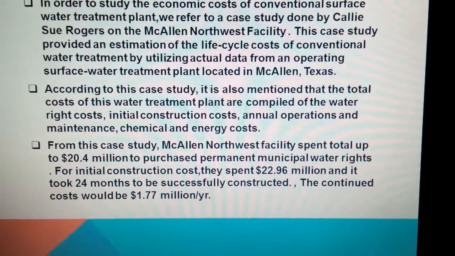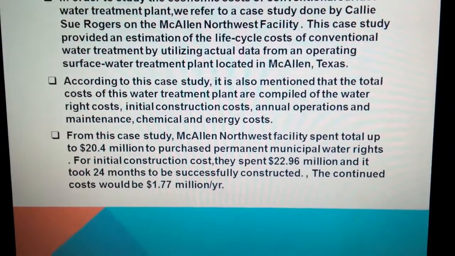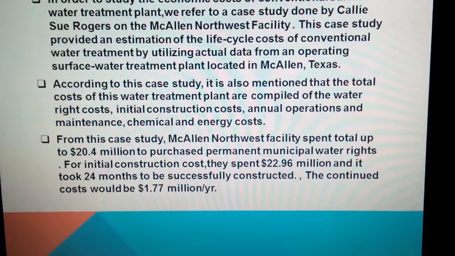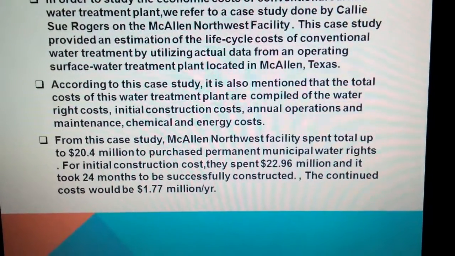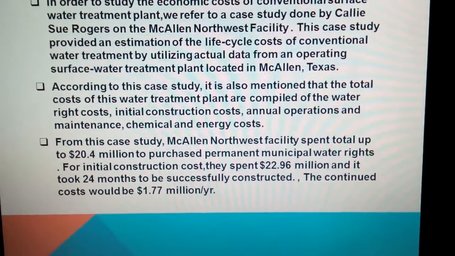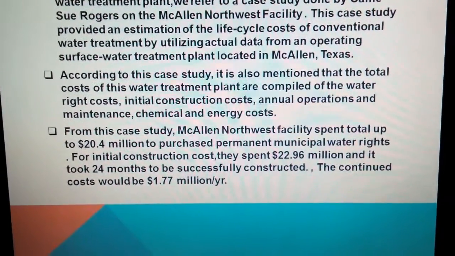According to this case study, the total cost of this water treatment plant is compiled of the water right cost, initial construction cost, annual operation and maintenance, chemical and energy costs.